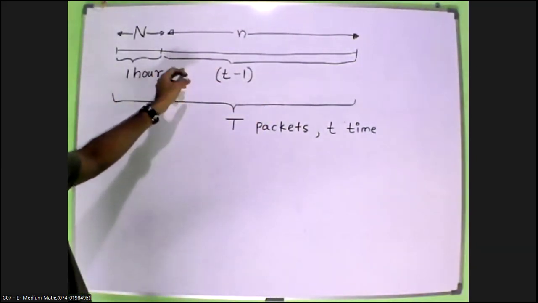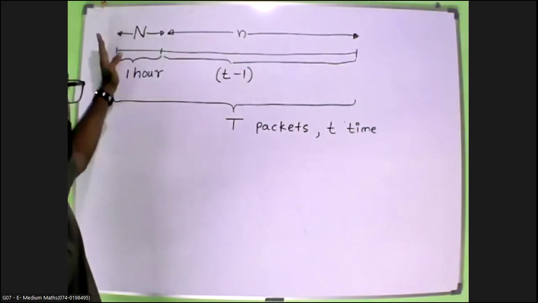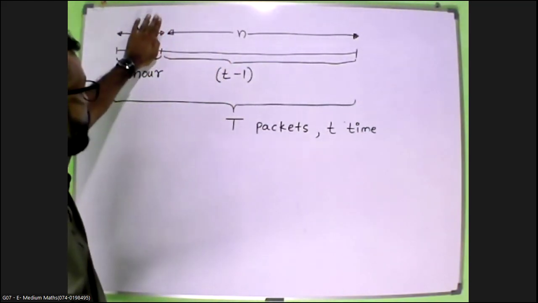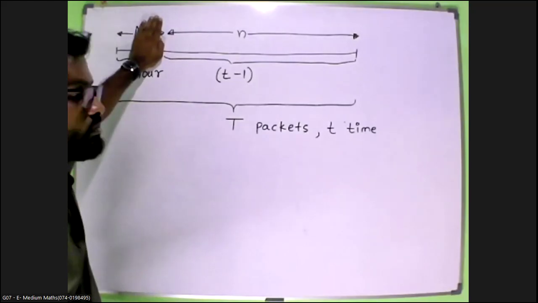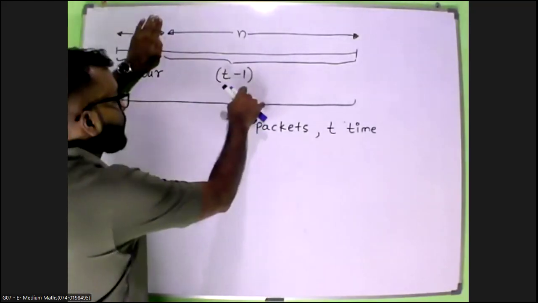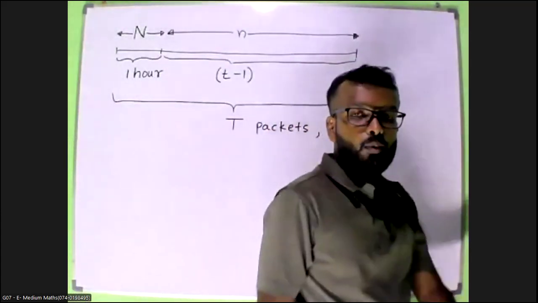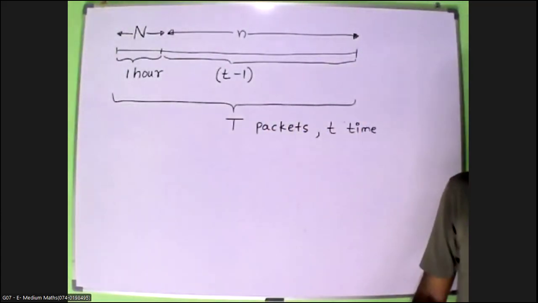If you remove the first hour, this is the remaining time, t minus 1. In this t minus 1, each and every hour, they are producing n packets.